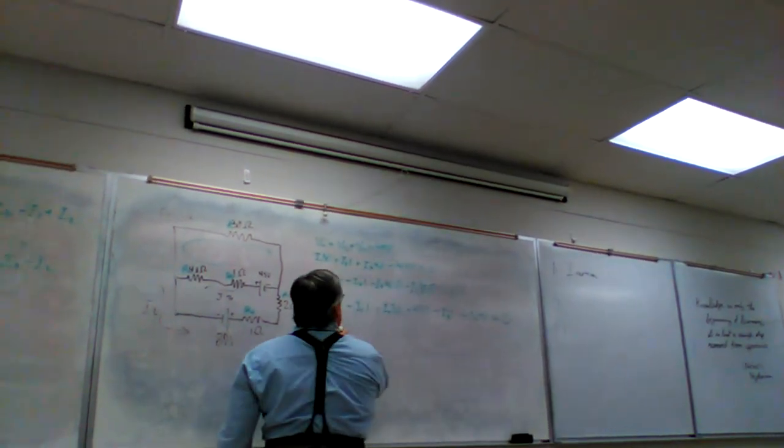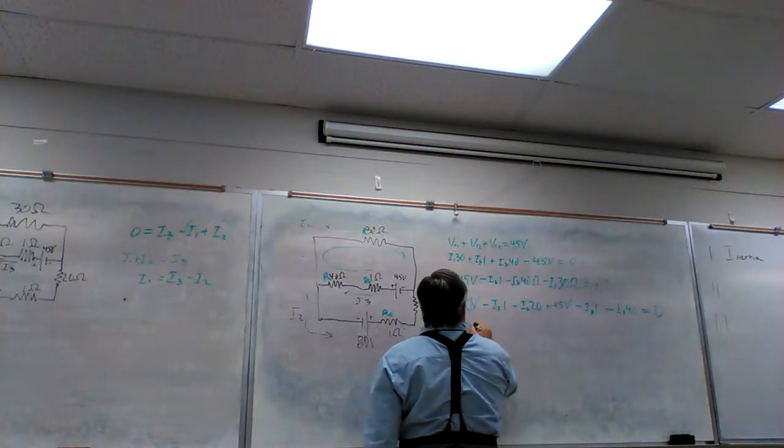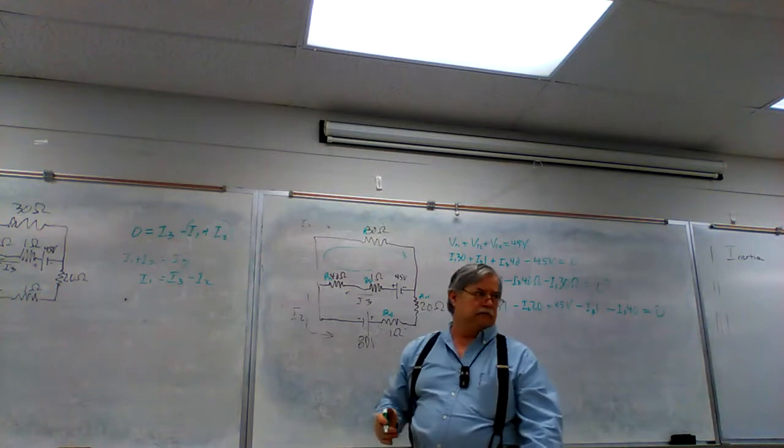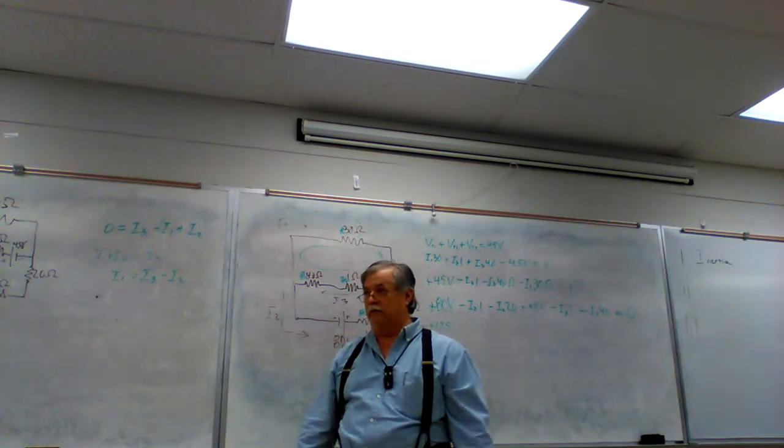Well, let's do some quick shuffling around. We've got 80 plus 45 is what? Plus 125? I haven't had enough coffee yet this morning. Somebody get out a calculator and make sure I did that right. Good?